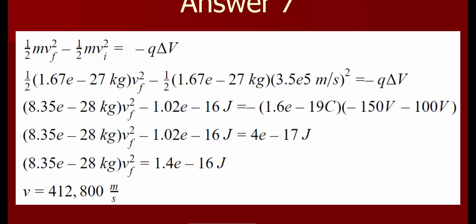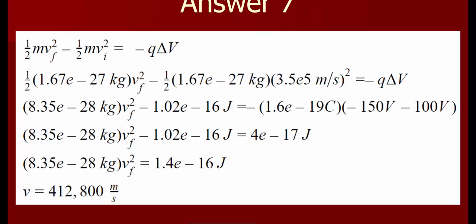So then you just put it into the formula, and this is literally every step worked out. So, final kinetic energy minus initial, and so we have to solve for V squared. And then we plug in negative Q delta V, so delta V is your final potential minus initial. So it's negative 150 minus 100 times the charge on a proton here.